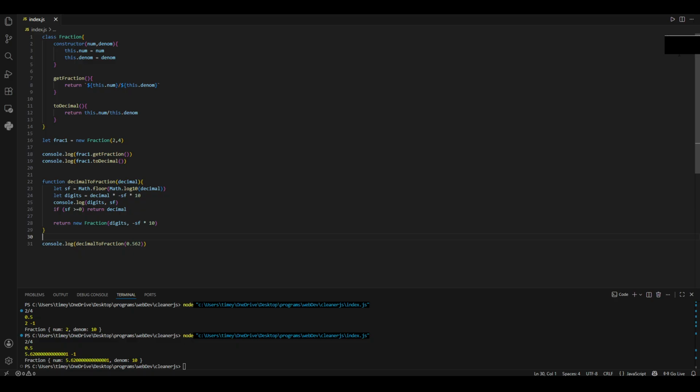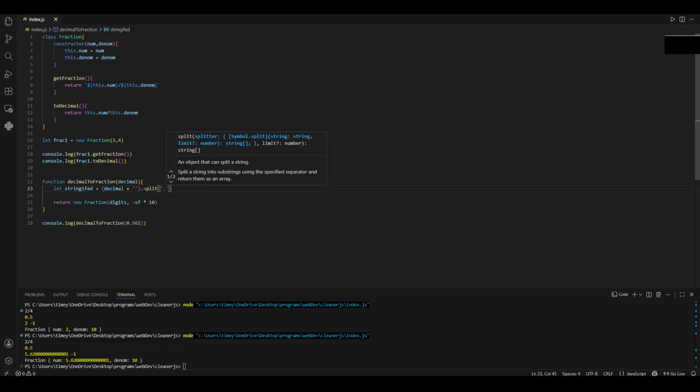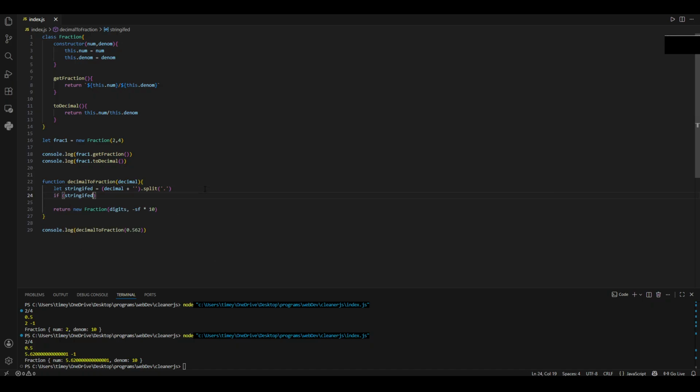Okay. I think I have another solution. So let's convert it to a string, and then let's split it by the period, the decimal point, and take the one number.